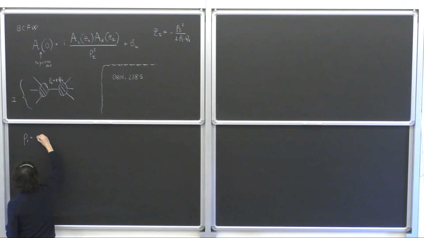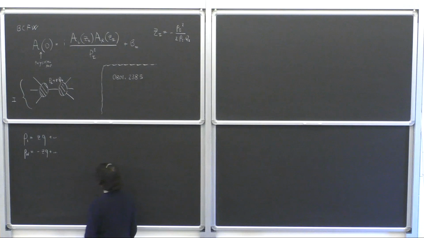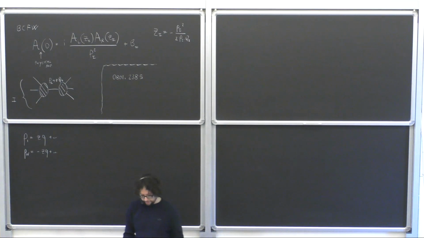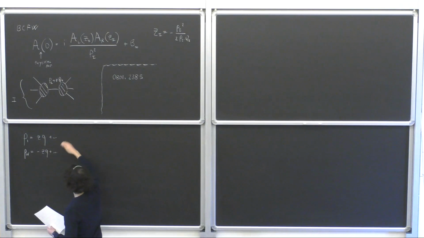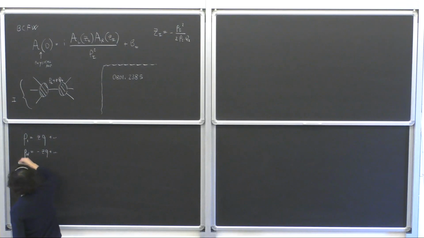Recall that I'm not going to write again the properties of the shift, which we considered; you have to look at the notes from yesterday, but we decided to shift, in this particular example, leg number 1 and leg number n. So for large values of the complex parameter, each of these is equal to the complex parameter times q, the shifted momenta, plus corrections, terms which don't grow with the complex parameter. The other observation is that the other momenta are soft.